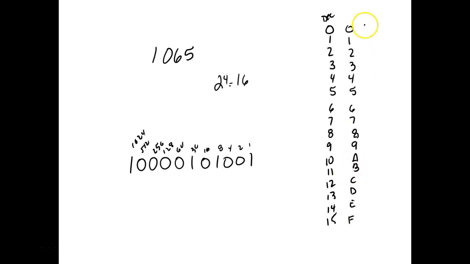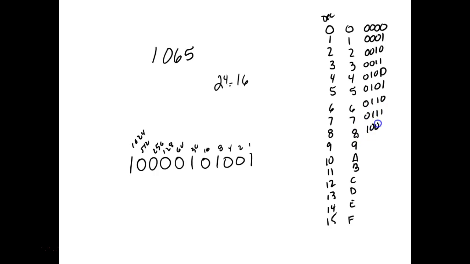Now, when I write down those 16, this would be one of them. This would be 1. This would be 2. This would be 3. This would be 4. This would be 5. This would be 6. This would be 7.